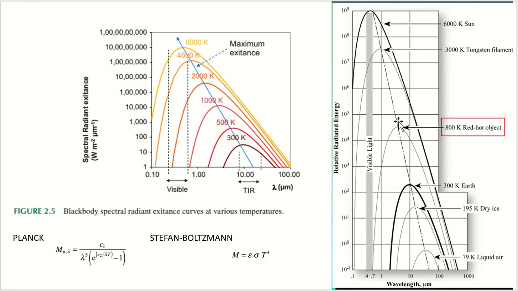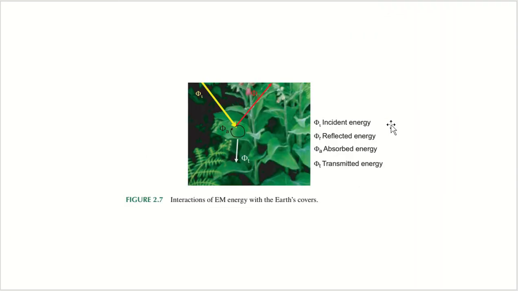But one thing that caught my eye that I think is worth mentioning, because maybe it's helpful for understanding this, is the 800 Kelvin red hot object. So something that's hundreds of degrees hotter than the surface of the Earth, but still something that we are familiar with. We're not thinking the surface of the sun.